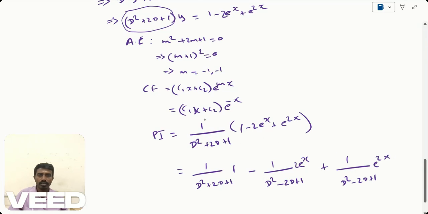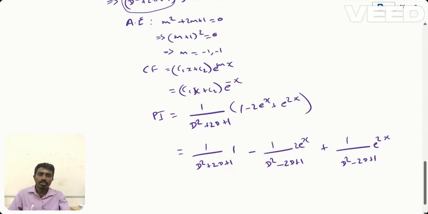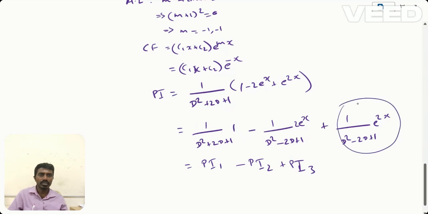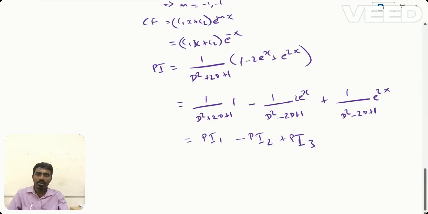Means you are taking this inside the bracket. So let it be PI1 minus PI2 plus PI3. Means you are taking this one as PI1, this as PI2, and finally this is PI3. Now solve one by one.